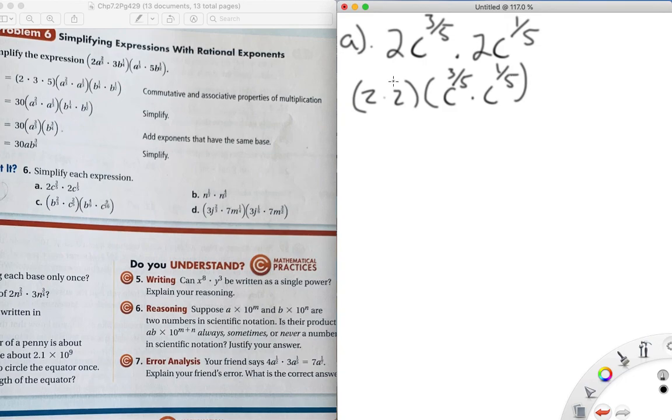And that gives me 2 times 2 is 4. I'm going to add these fractions, and if they're fractions of the same denominator, I just add the numerators. So it's going to be C to the 4/5. So I multiplied the 2 times the 2 to get the 4. I multiplied the C to the 3/5 times C to the 1/5, and I add those fractions. 3/5 plus 1/5 equals 4/5, so I get 4C to the 4/5.